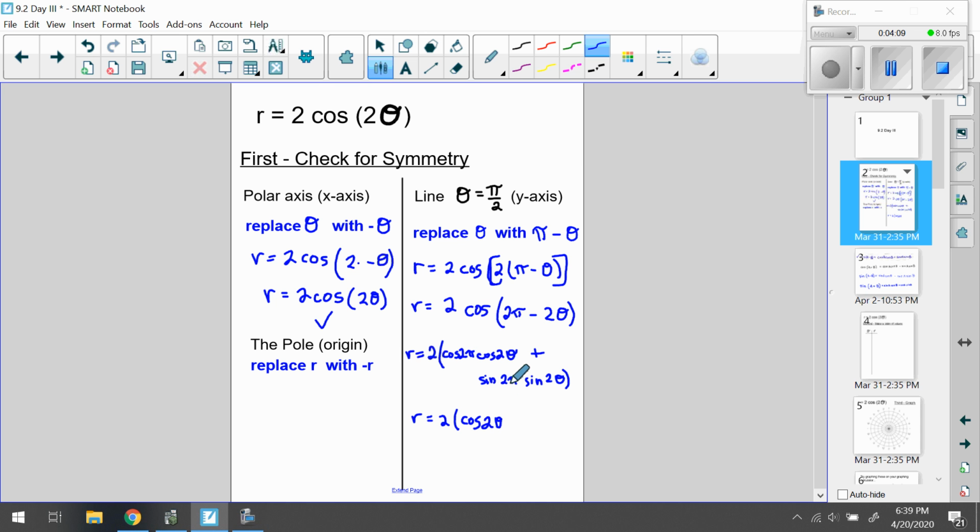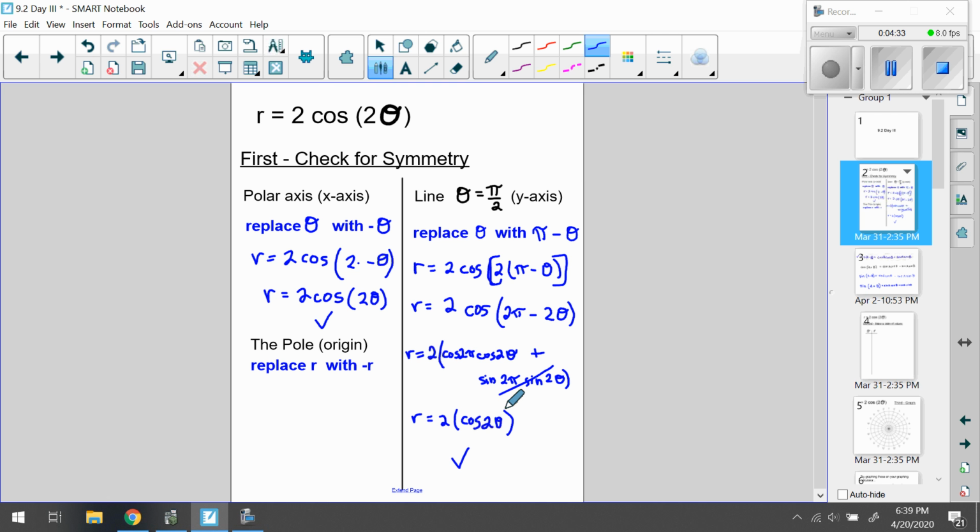And then since sine of 2 pi is 0, this term just goes away. And so we're just left with cosine 2 theta. And that is what our original was. And so that means this one will also be symmetric over the line theta equals pi over 2 or the y-axis. Now this is the first one that's been symmetric over both.